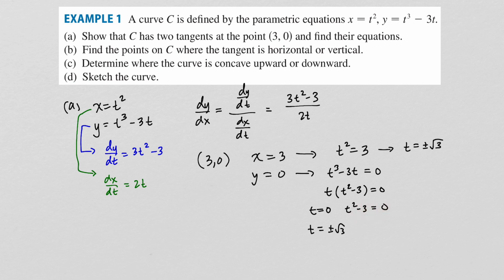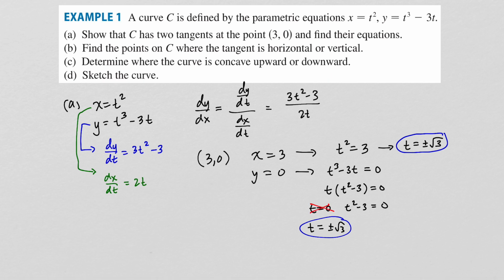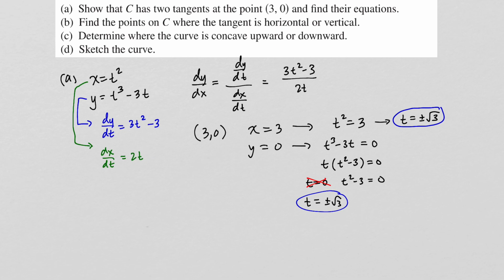Now we're only going to take the values that these have in common, because x has to be 3 at the same time that y has to be 0. So although y is 0 when t equals 0, x is not 3 when t equals 0. So we exclude this value of t. So we can see that there are two values of t for which the curve passes through the point (3, 0).